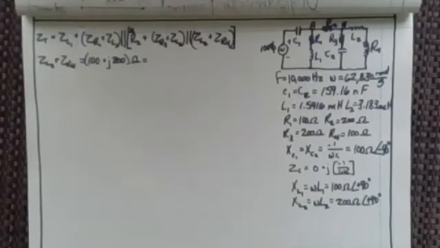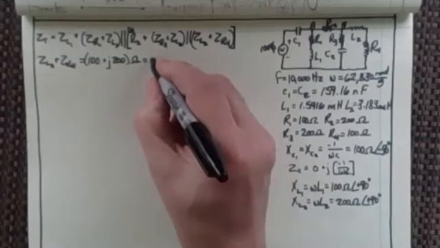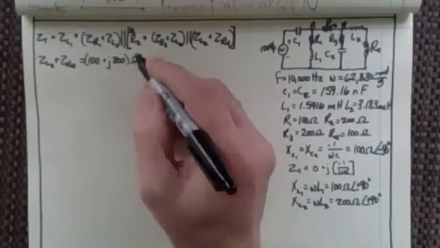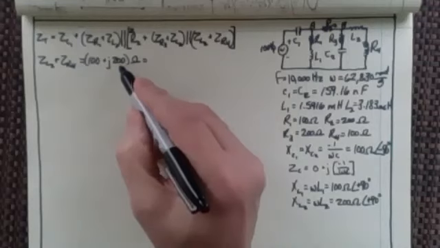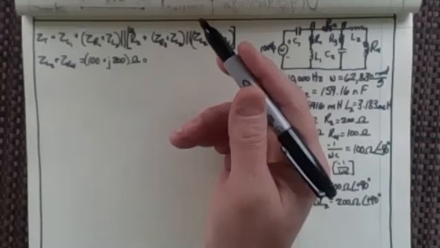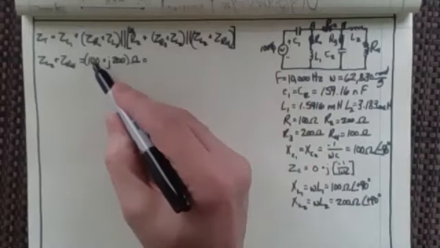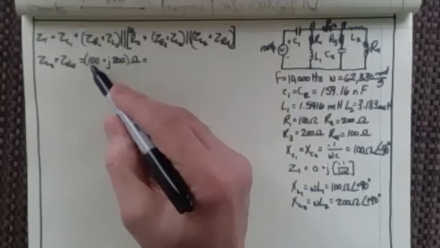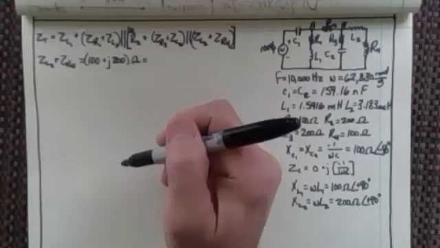Now, let's look at that and see what that really, if I've got 100 plus j200, what is that really going to be? Well, in phasor format, I would square 100 and add it to the square of 200. Then I would take the square root of those two. The square root of 50,000 is what it actually comes down to, right? Because 100 squared is 10,000 and 200 squared is 40,000.